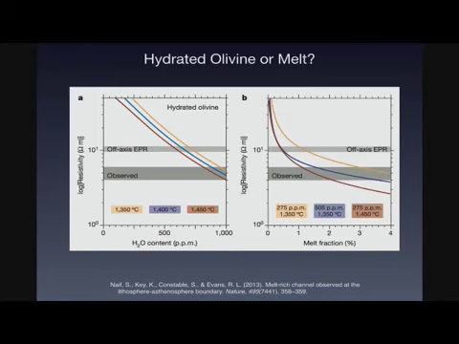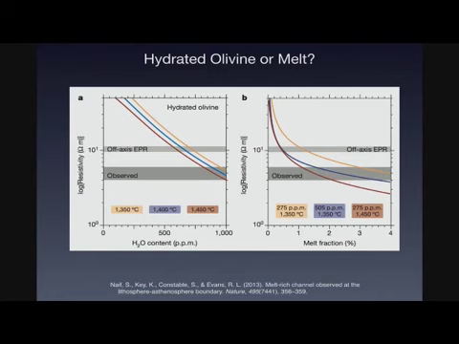And so for the paper, Samer created this nice plot where we've got resistivity here, and then we're looking at basically water content or melt fraction using different laboratory-based models for each. So this is our observed resistivity here, shown with these gray bands. And then these three curves here are showing predicted resistivity for hydrated olivine with different water contents here, and three different temperatures here.